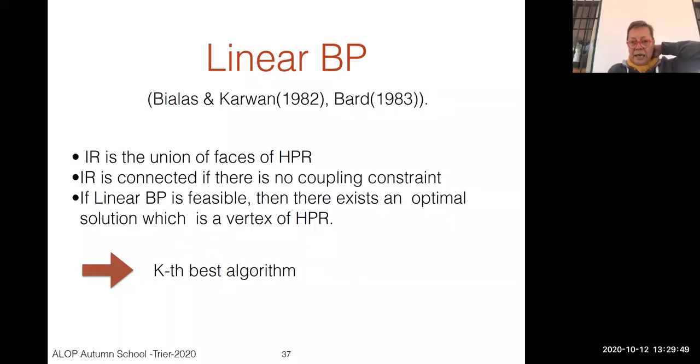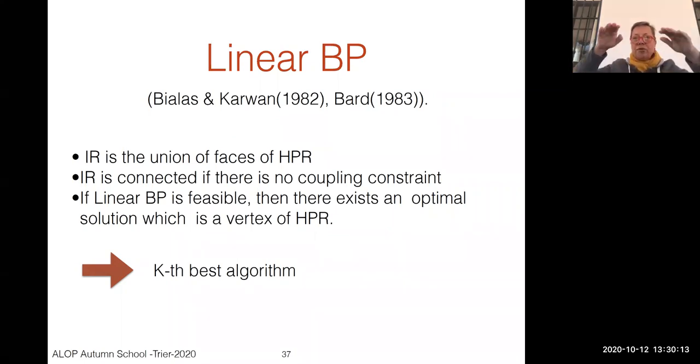If it's not the case, the idea is to look at all the neighbor vertices, so all the vertices of the high point relaxation which are neighbors of the incumbent, and to iterate. These are just the general ideas.